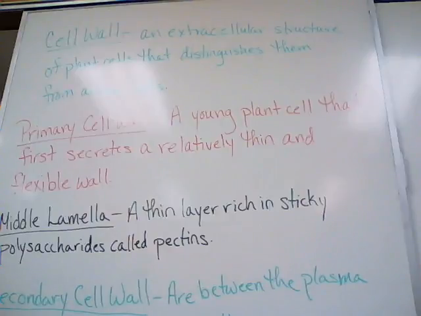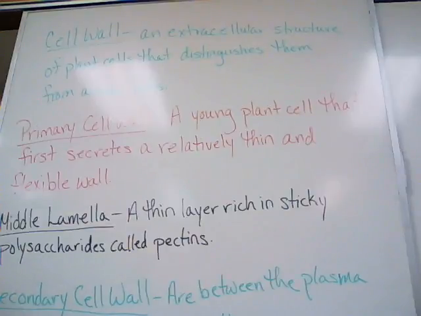All right, next we're going to talk about the extracellular matrix of animal cells. Although animal cells lack walls akin to those of plant cells, they do have an elaborate extracellular matrix. The main ingredients of the ECM, or the extracellular matrix, are glycoproteins secreted by the cells.